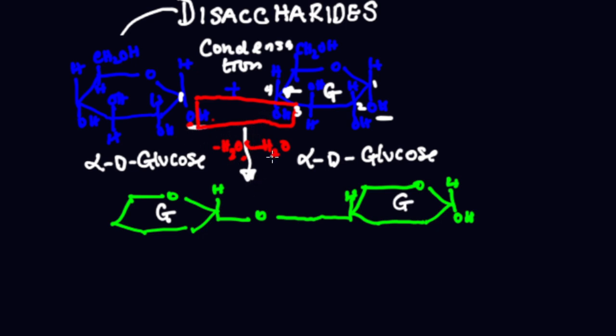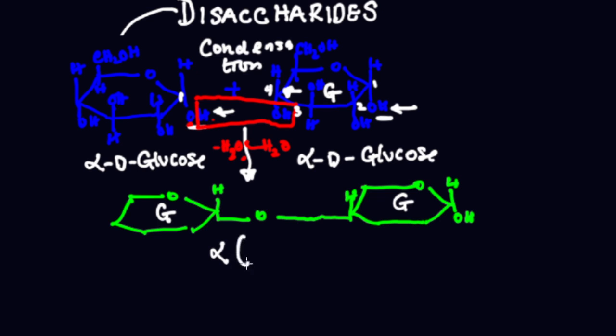So simply what is going to happen here is that after reacting them together, the type of bond that is established here is called alpha. The reason why it is alpha is because both glucose residues are in alpha form. Look at this. The hydroxy group is facing downward here. The hydroxy group here as well is facing downward. That is, the hydroxy group of carbon number 1, which is the anomeric carbon, is facing downward. That's why it is alpha.